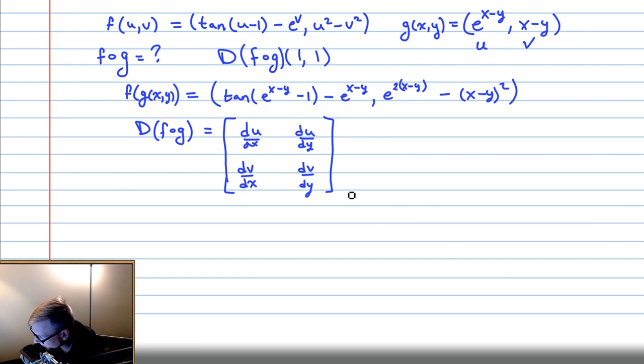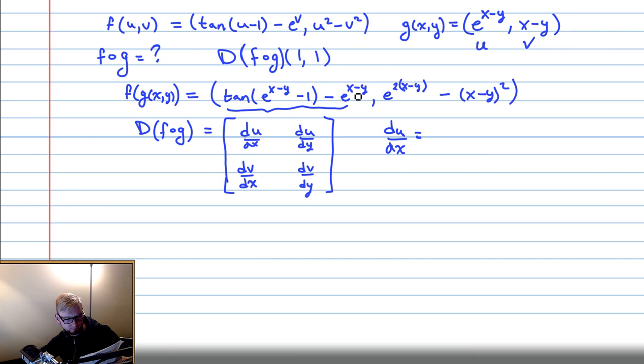Okay. Which means, what is the derivative of the first part with respect to x? Okay. Du dx. Well, what is the derivative of tan? Is it 1 over 1 plus x squared? Something like that? Reference sheet? Nope, derivative of tan. I'm thinking of tan inverse.